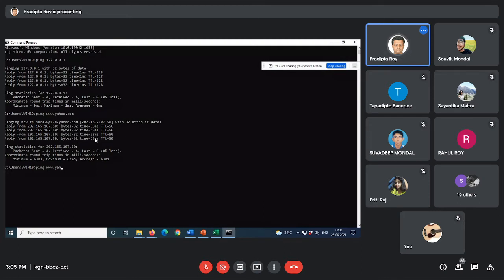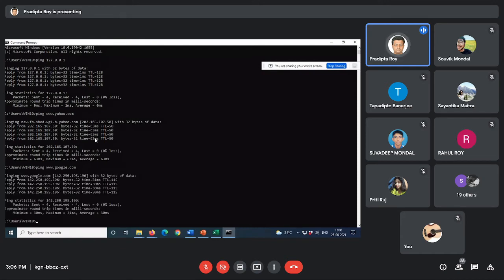Now, if I ping the Google server, we will get a different output. This is the output from the Google server. So what is the IP address of the Google server? The nearest IP address is 142.250.195.196.